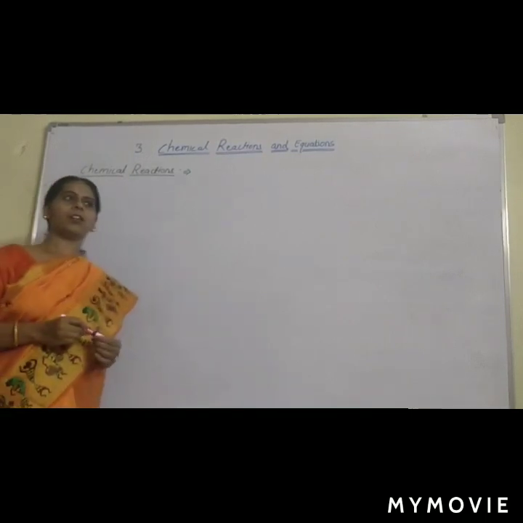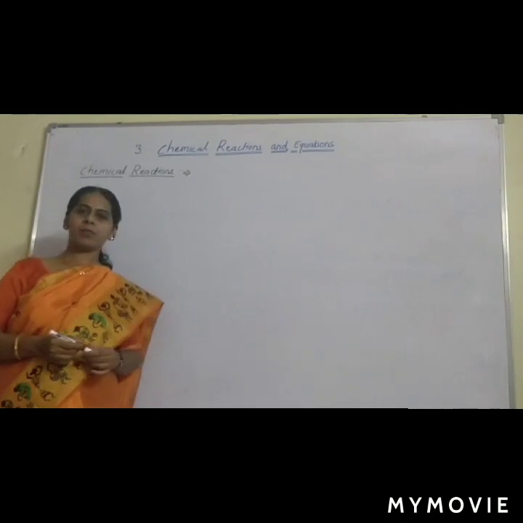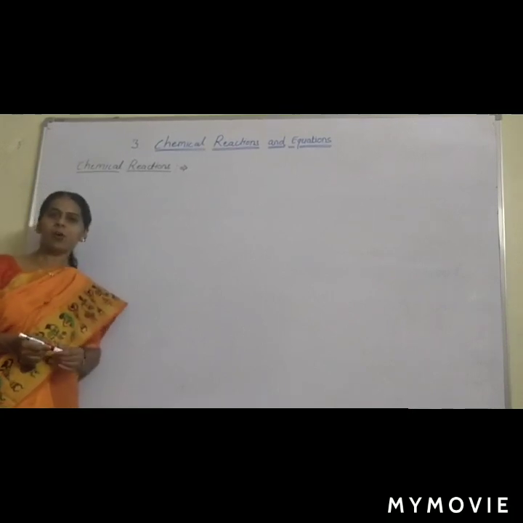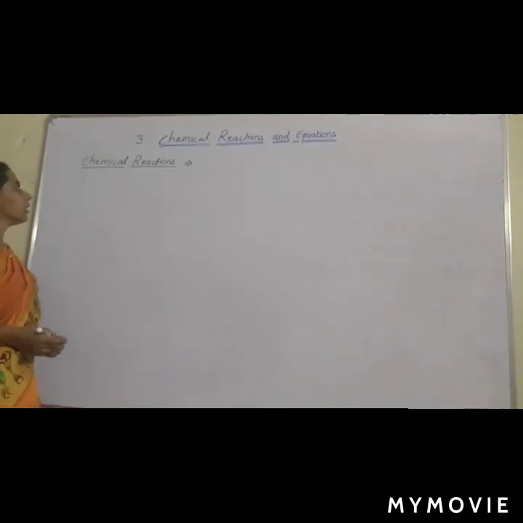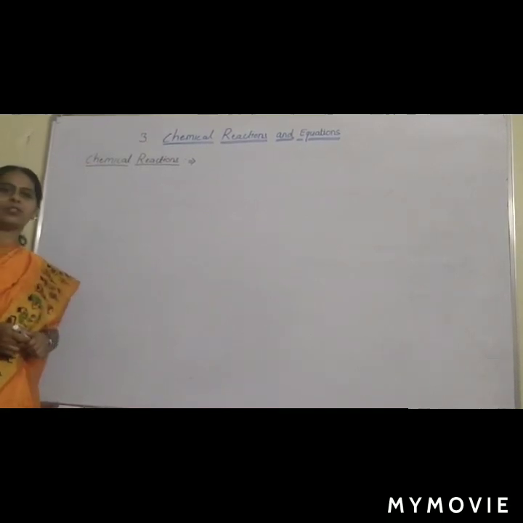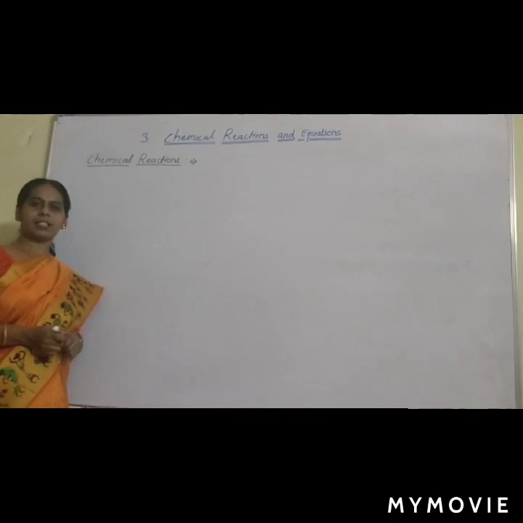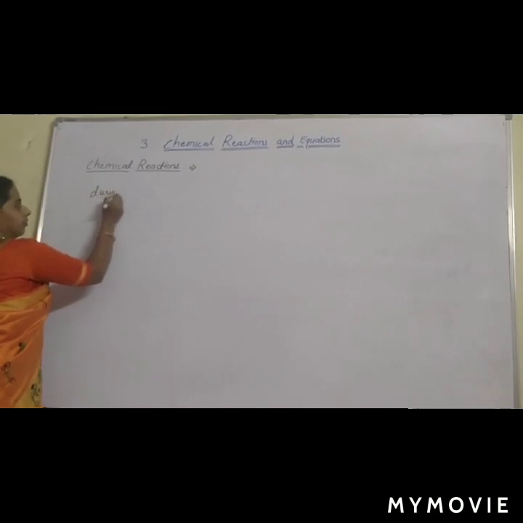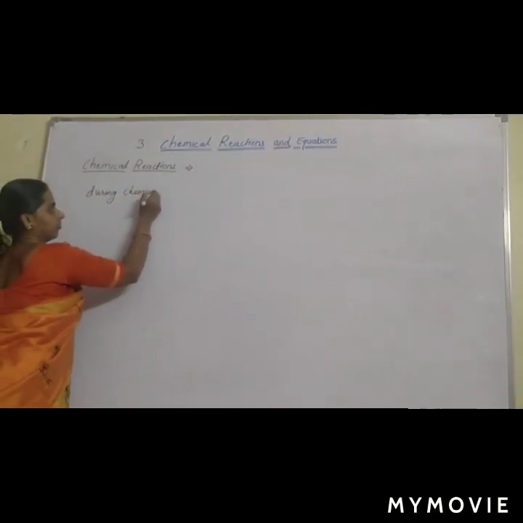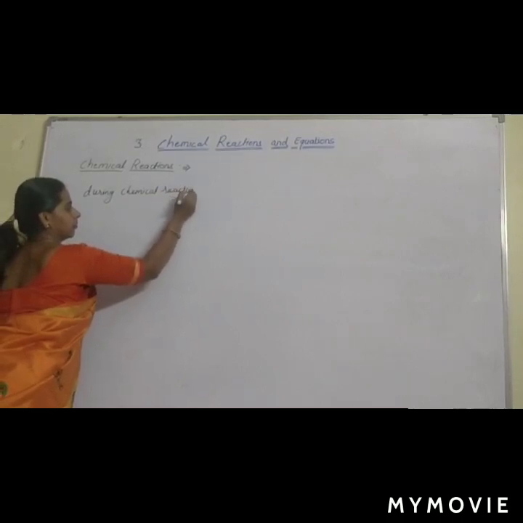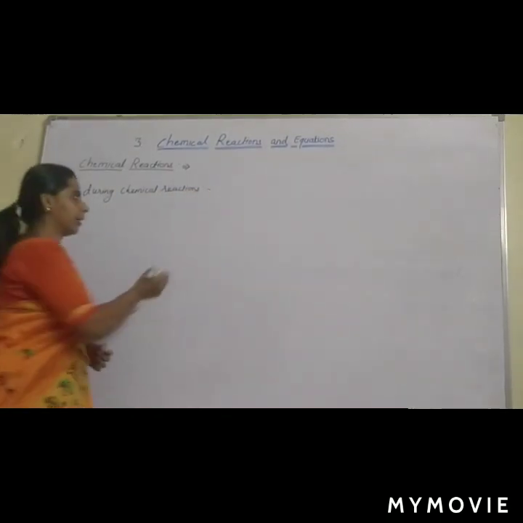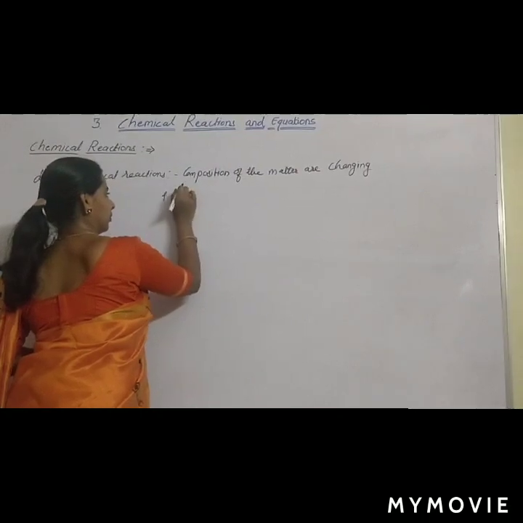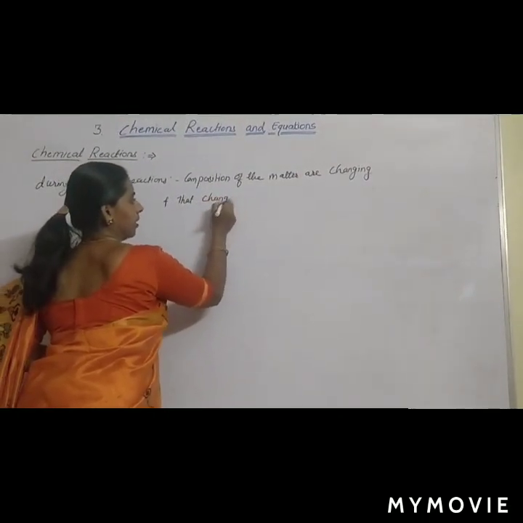Next is chemical reactions. Some scientists in the 18th and 19th century performed fundamental experiments on chemical reactions, and during their experiments they proved that in a chemical reaction the composition of the matter changes, and that change remains permanent.